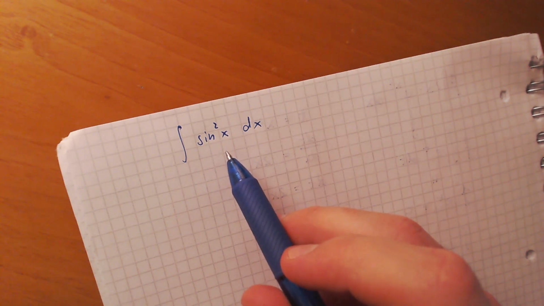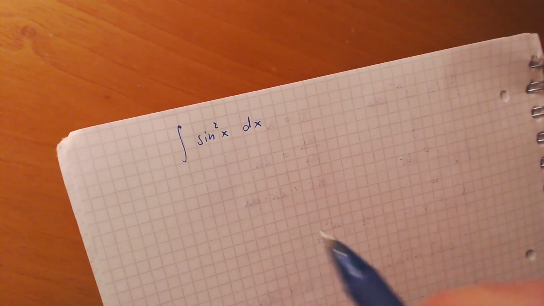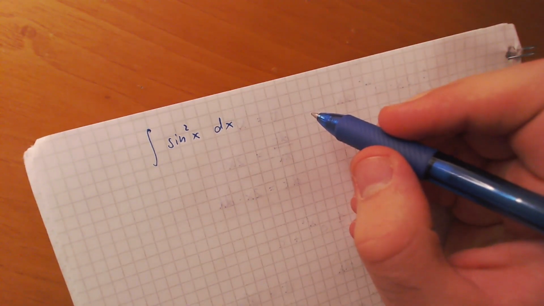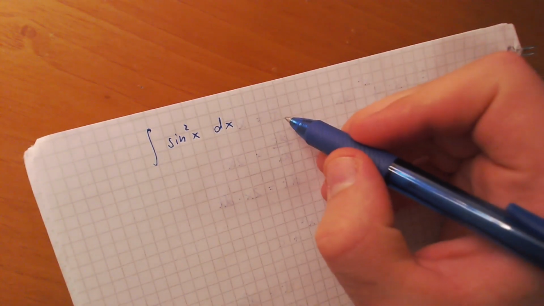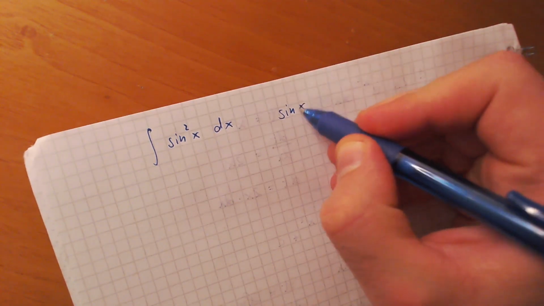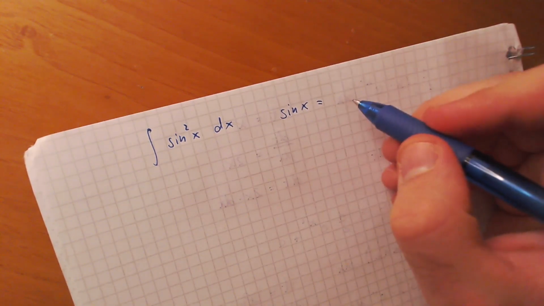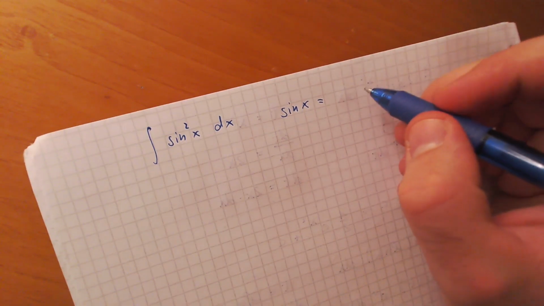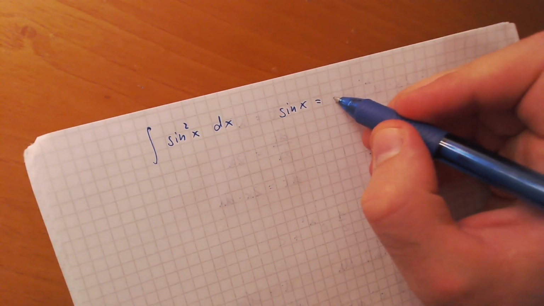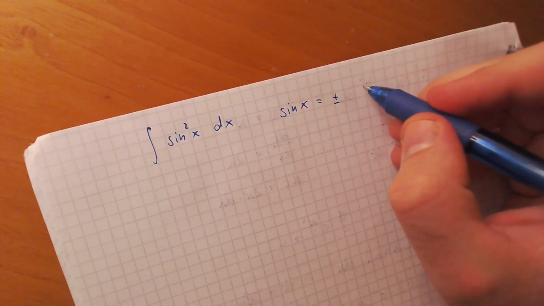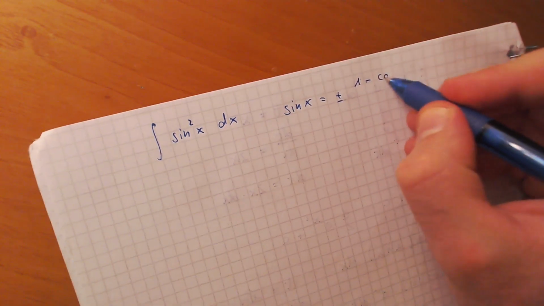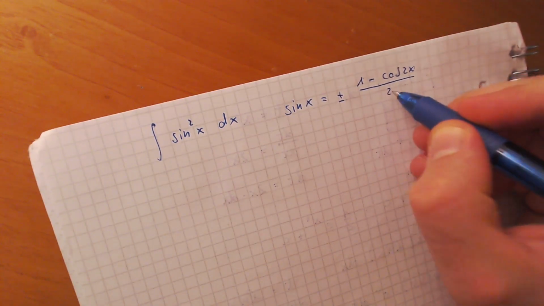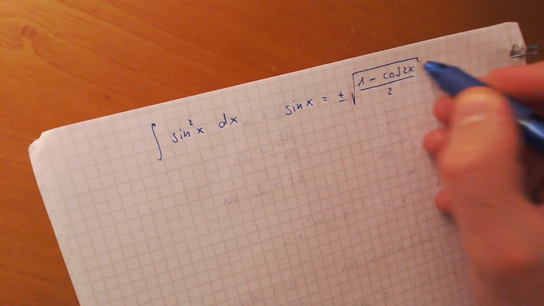Okay, so we can solve this integral by considering the relation of sine of x with cosine of 2x. So we basically know that sine of x is plus or minus the square root of (1 minus cosine of 2x) over 2.